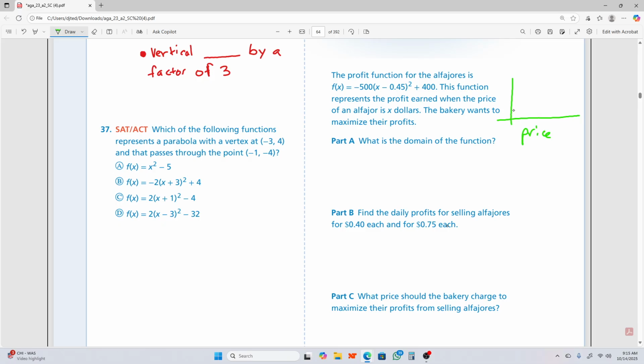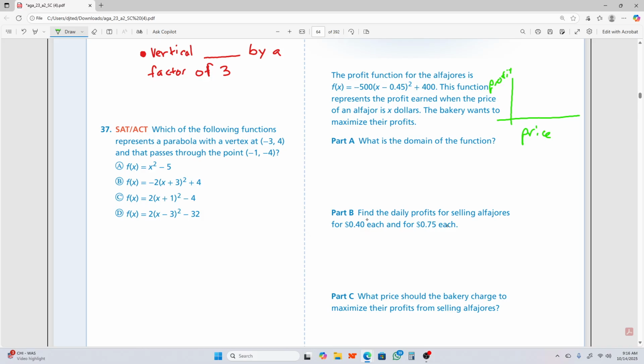And then up to an infinite price. If they're selling it for an infinite amount of money, no one would be able to afford it. But so from 0 to infinity is going to be our domain, and then depending on what the price is, that's going to be the profit. And we can tell by the vertex that we have a maximum profit. The y coordinate is going to be that maximum profit.